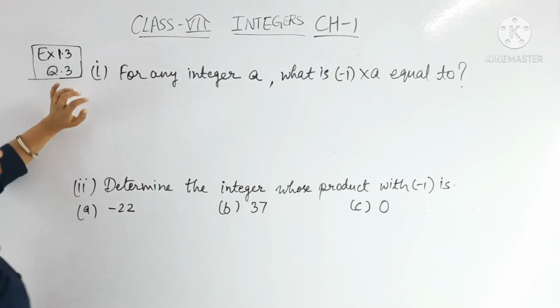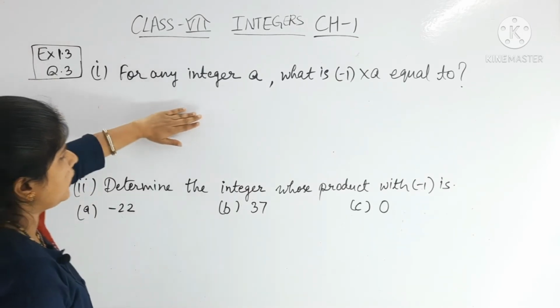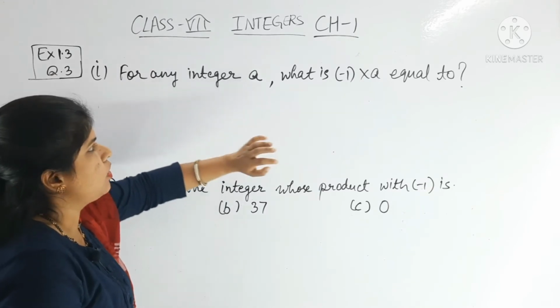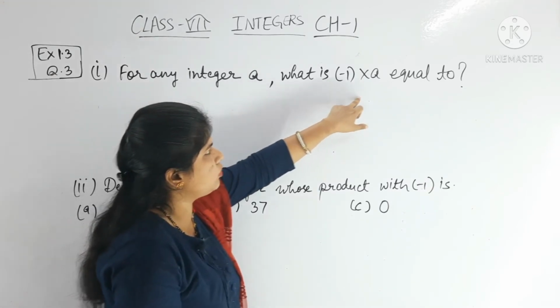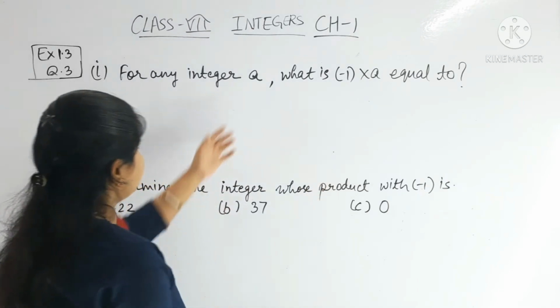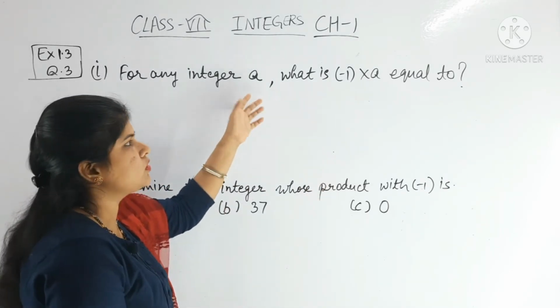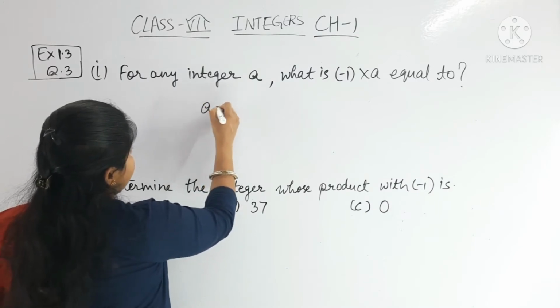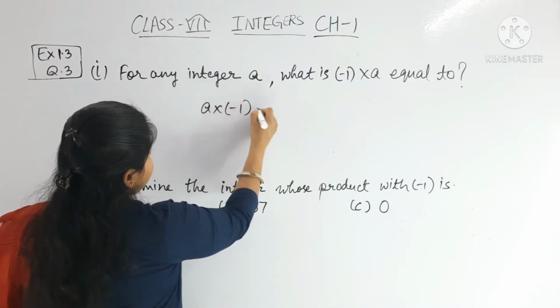What does it say? First part: for any integer a. This is any integer which is a. What is minus 1 into a equal to? This is an integer a, may be positive or negative. So we have to write a into minus 1.